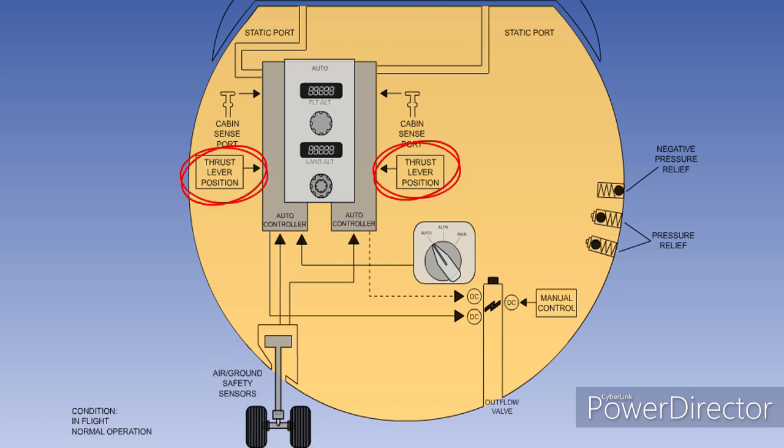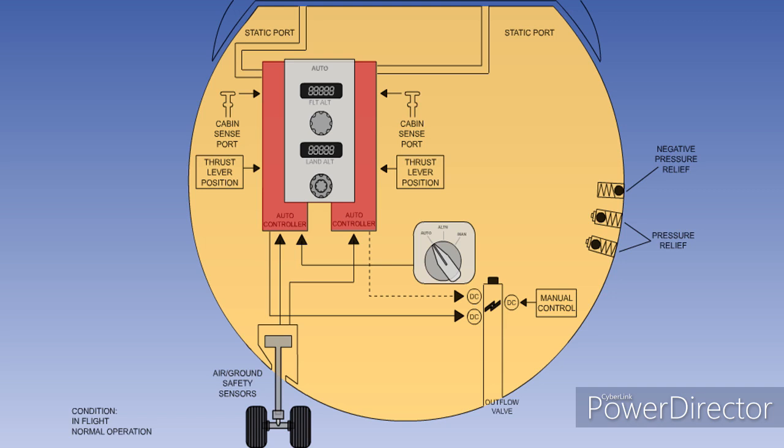If pre-pressurization, that is, pressurization on the ground prior to takeoff, is part of the schedule, then inputs are also required from the thrust lever positions. One controller is operating and the other is on standby. The roles are automatically reversed after each landing. In the event of a failure, the standby controller will automatically take over control.